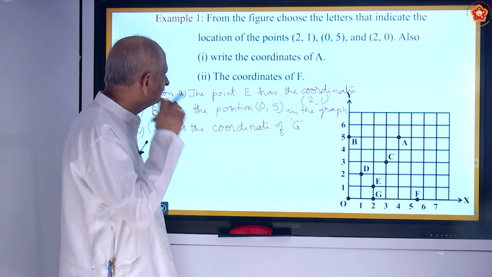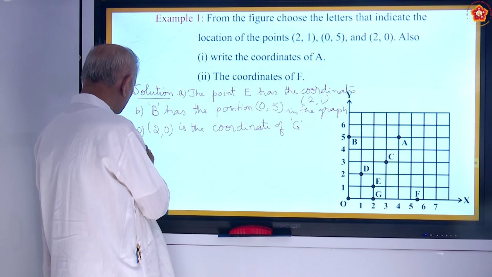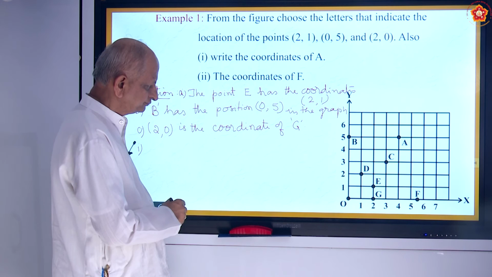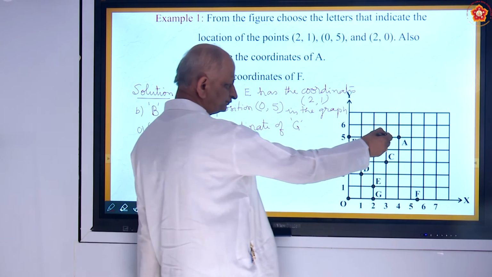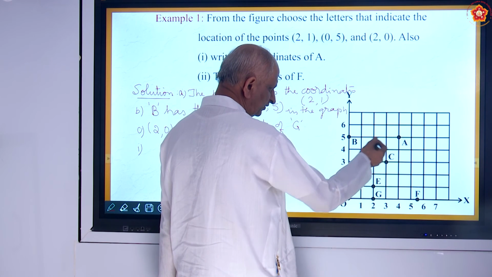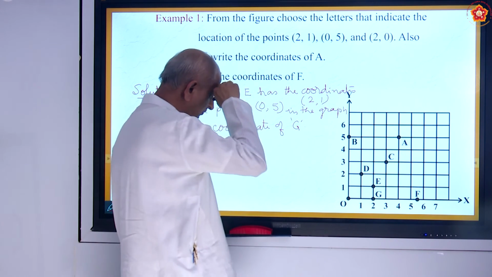G, correct? Then they are asking one more question. Write the coordinates of A. Say A is here. Come on, what are the coordinates? 4 on the x-axis, 5 on the y-axis.